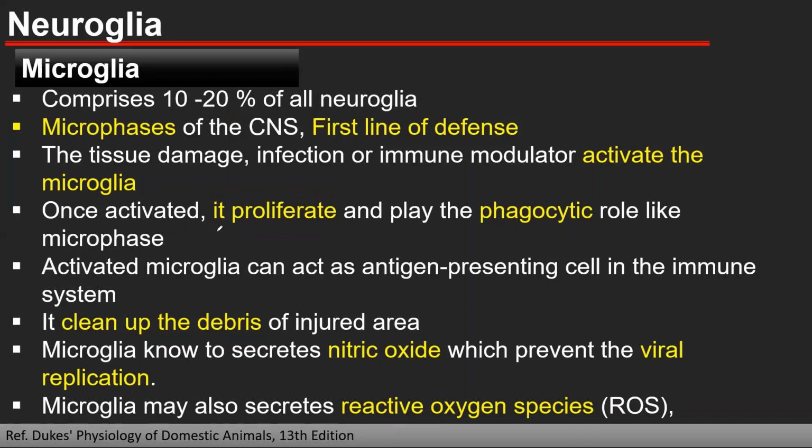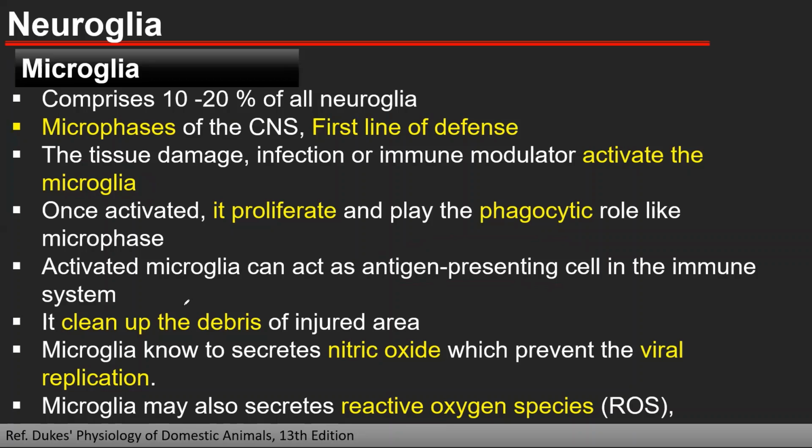So the microglia have to be activated before actions like phagocytosis. An activated microglia can also act as an antigen presenting cell in the immune system.